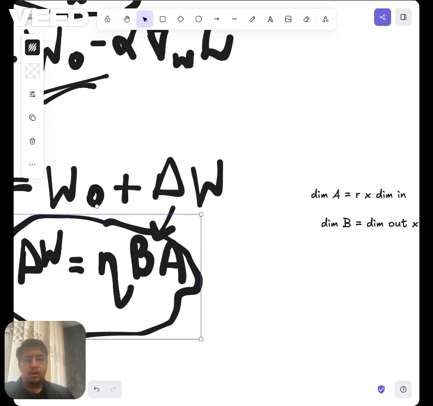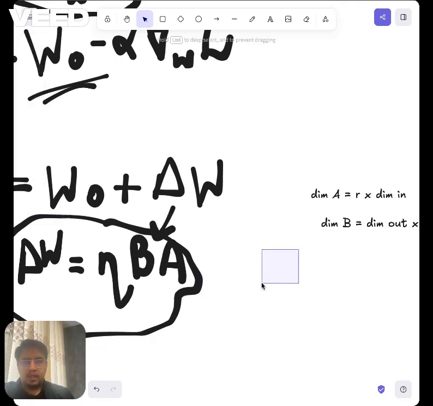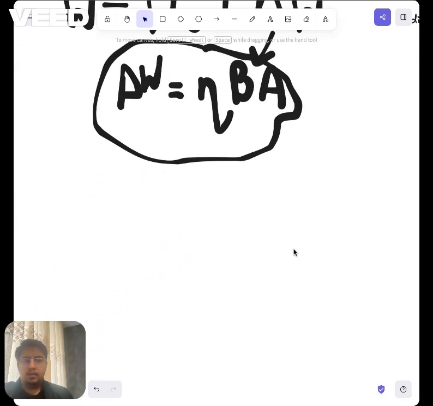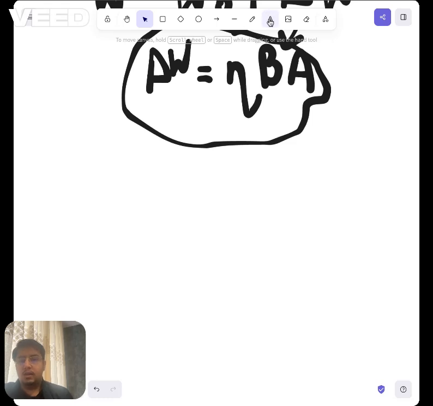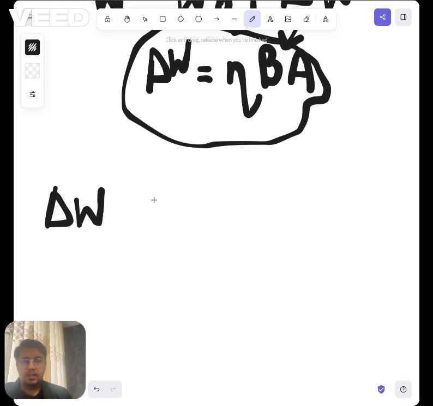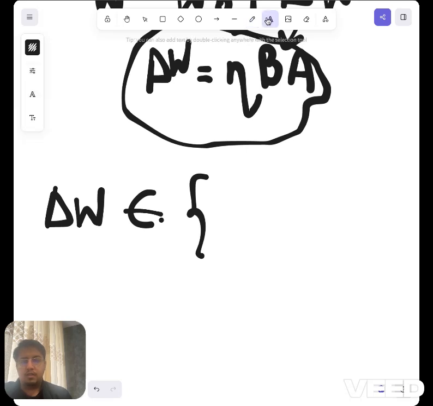Now, what does this constraint actually mean for us? We can say that for the update that LoRA could provide, delta W belongs to the set of all matrices of rank less than or equal to R. I'll write that down.